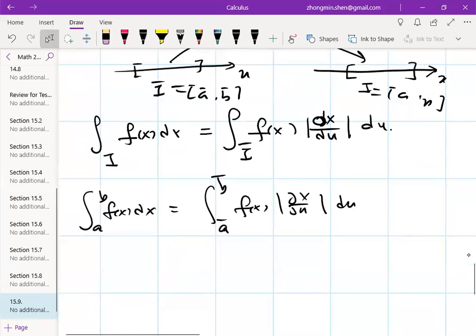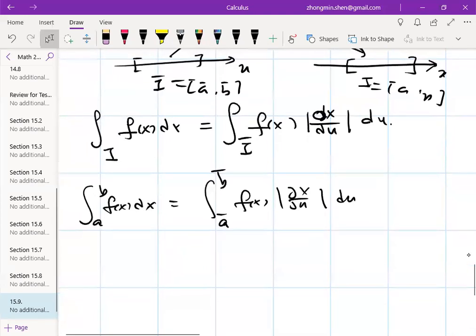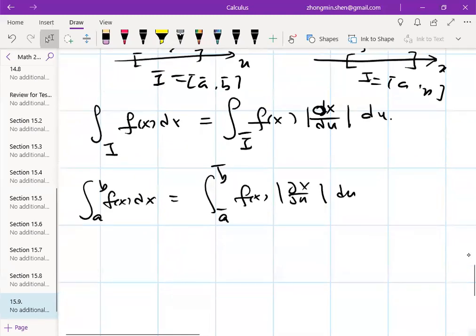Then when you switch the order of the interval, you still have to remove that negative sign there. Anyway, this is a general formula. It doesn't matter whether the derivative is negative or positive. But here's a note.